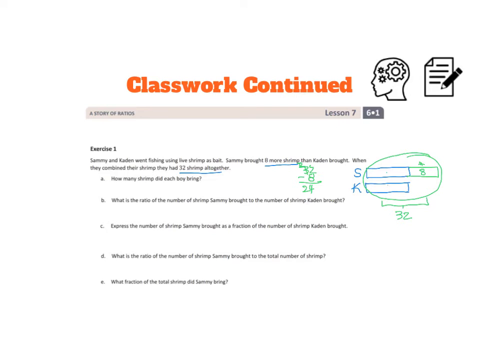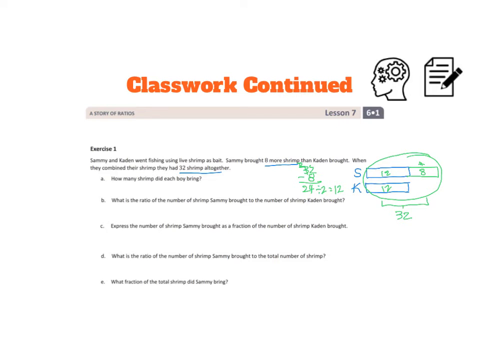If I split that evenly, because remember they have the same amount and then Sammy has 8 more, 24 divided by 2 groups is going to give me 12 per group. So I know I have 12 here and 12 here. Now I go back and read this. 12 and 12, they are identical, and 8 more. That total is 32. Yeah, we're there.